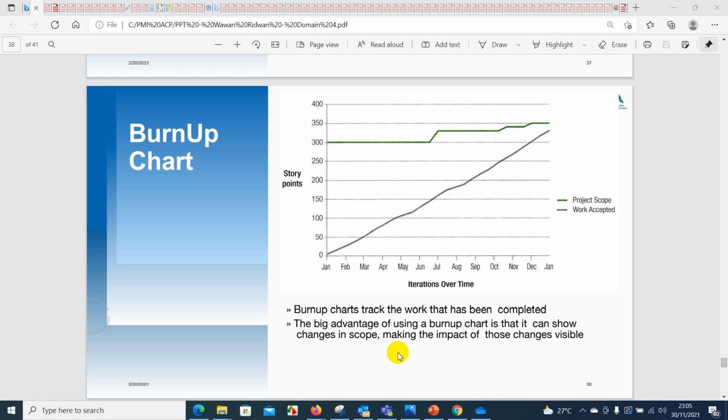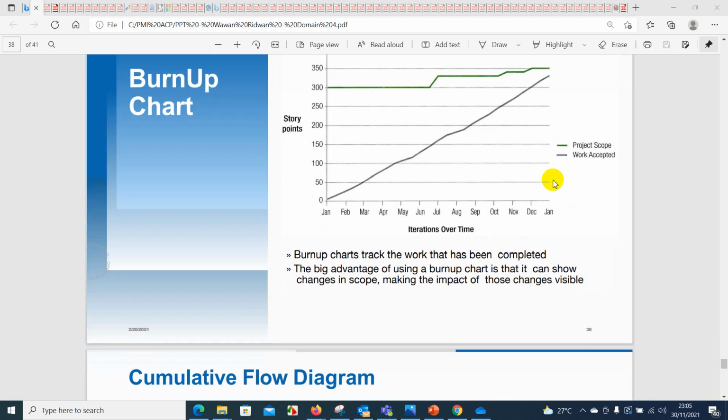The big advantage of using a burn-up chart is that it can show change in scope, making the impact of those changes visible, gitu kan, ada perubahan scope. Jadi ya completed-nya jadi dikit gitu kan, scope, work accepted, project scope. Oke.